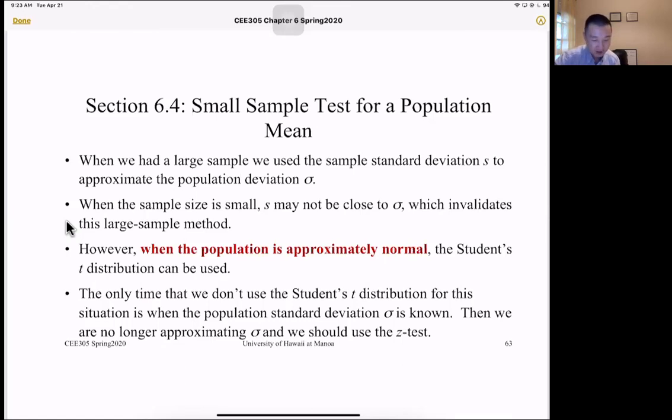In section 6.1, we have a large sample population mean, and we use the sample standard deviation S to replace the population standard deviation sigma because the sample size is large. But when the sample size is less than 30, S will not be close to sigma, and that's the reason we should use the Student's t distribution.